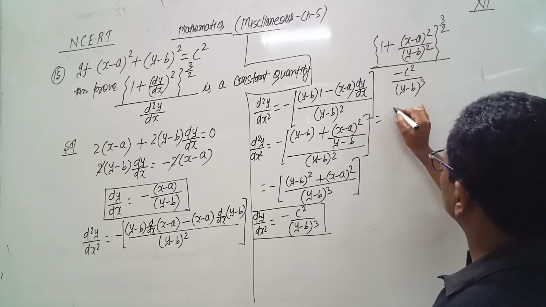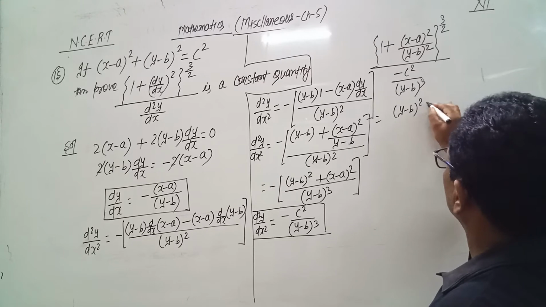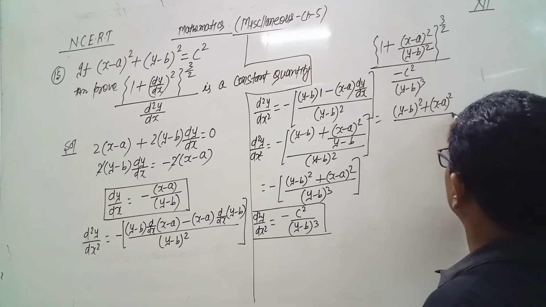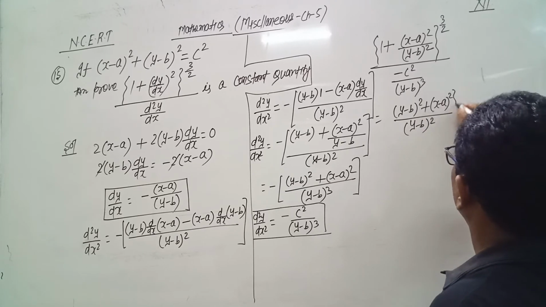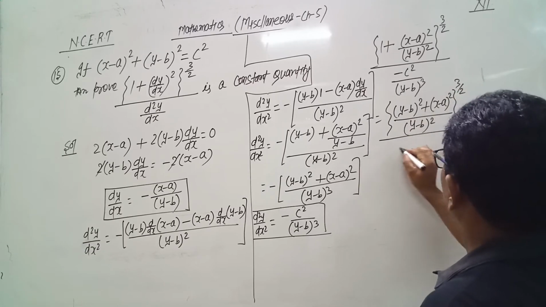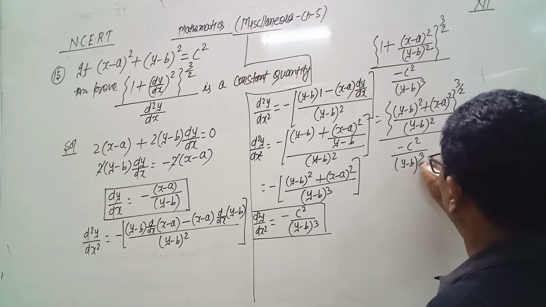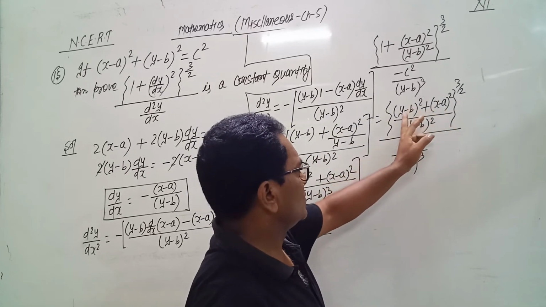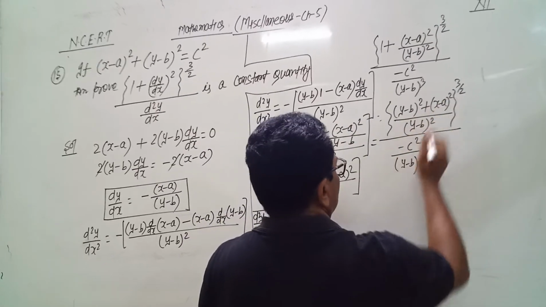Solve this by taking LCM. We get (y minus b) the whole square plus (x minus a) the whole square upon (y minus b) the whole square, and this is whole raised to the power 3 by 2, upon minus c square upon (y minus b) the whole cube. Now (x minus a) the whole square plus (y minus b) the whole square, again this is written as c square.